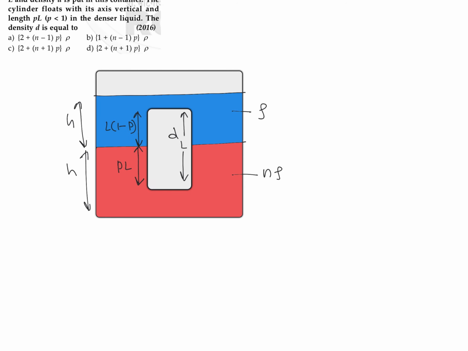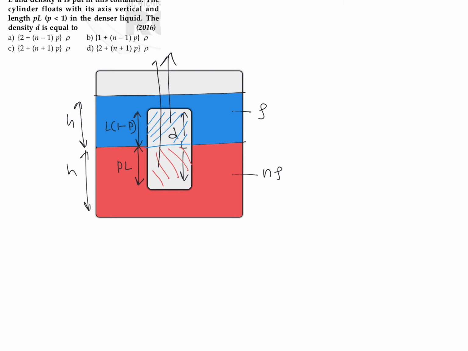In this situation, both the liquids are going to exert upthrust on the cylinder. Some part of it is in the liquid having density rho, and the remaining portion is in the second liquid. So the net upward or buoyant force will be the upthrust exerted by both the liquids.